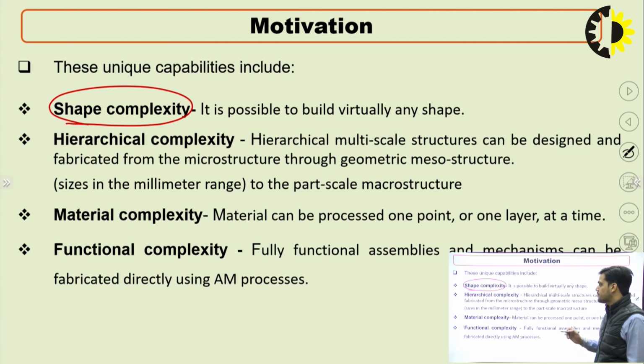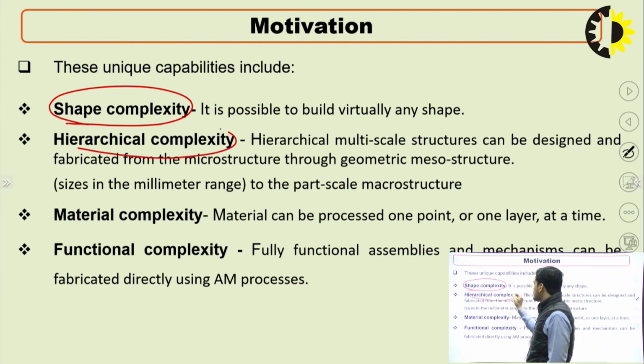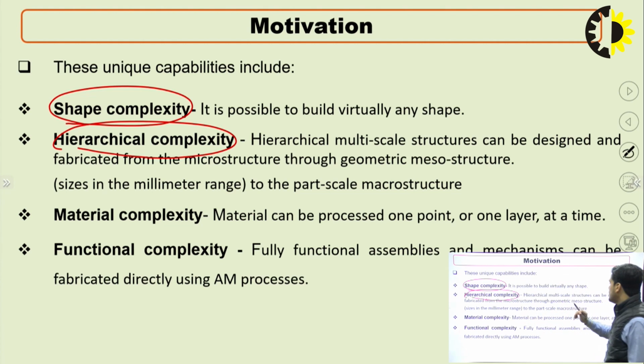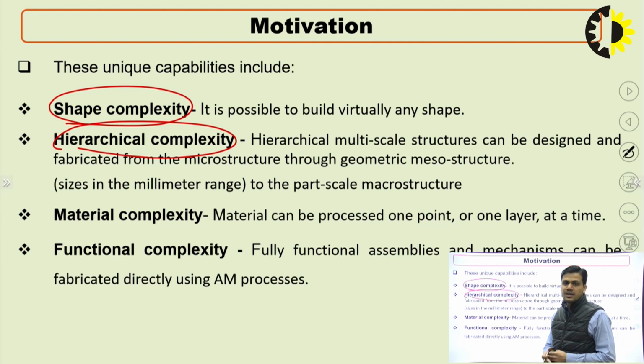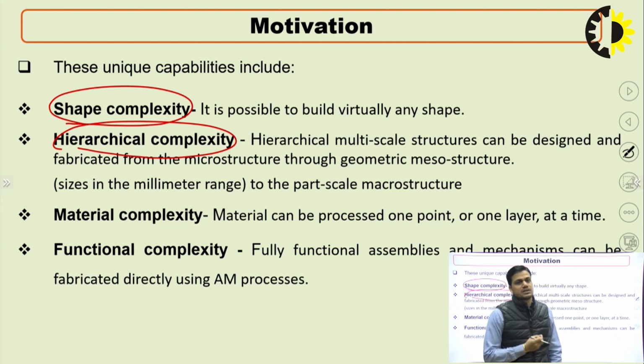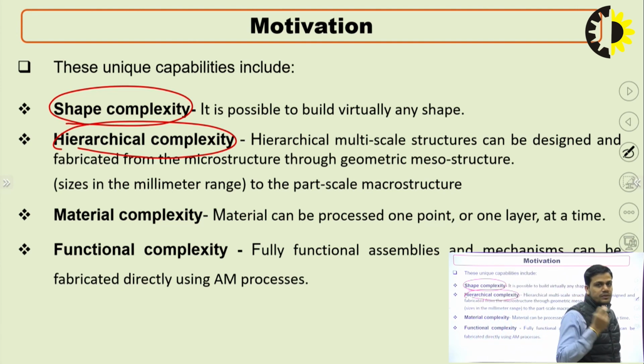Then the hierarchical complexity. Okay, so what is this? Hierarchical multi-scale structures can be designed and fabricated from microstructure through the geometric mesostructure. Okay, means you have some mesostructure, so you can design the microstructure from that particular fabrication process, either using DED or the powder bed fusion process.